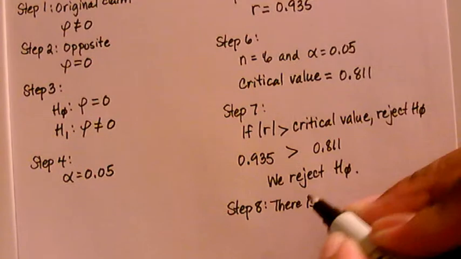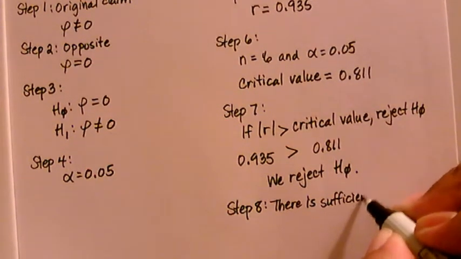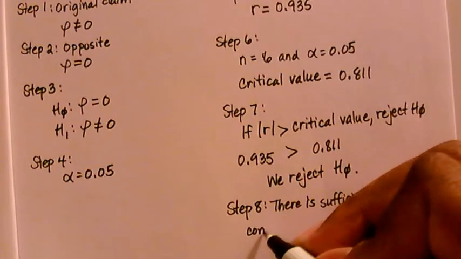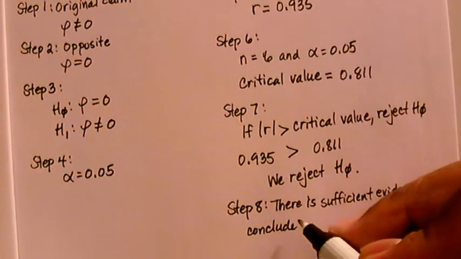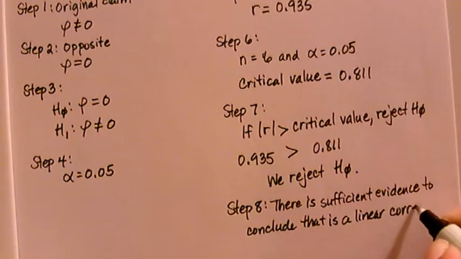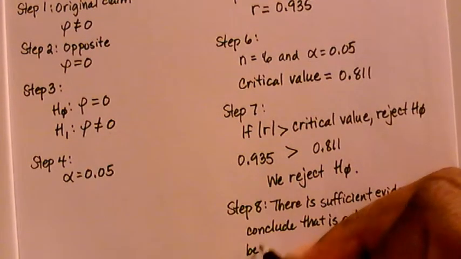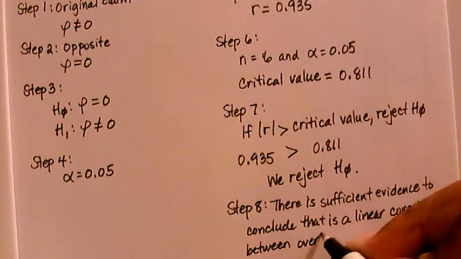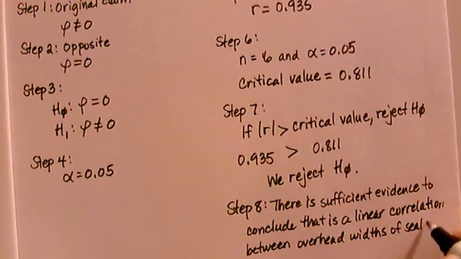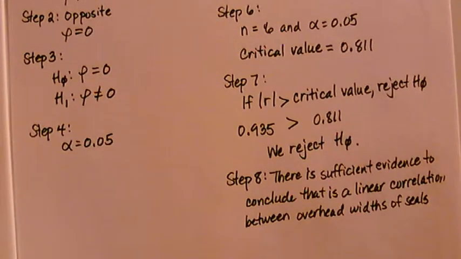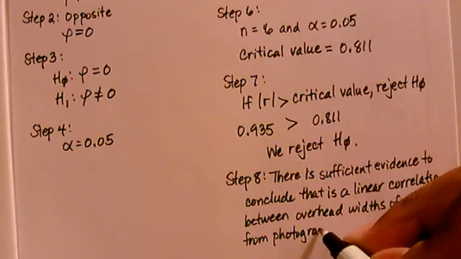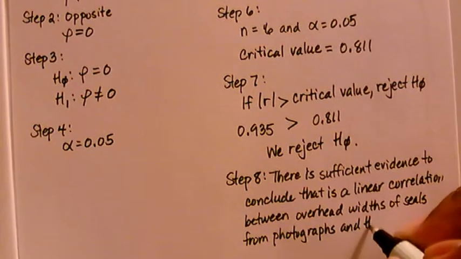Because we reject the null hypothesis, that means that there is sufficient evidence to conclude that there is a linear correlation between overhead widths of seals from photographs and the weights of the seals.